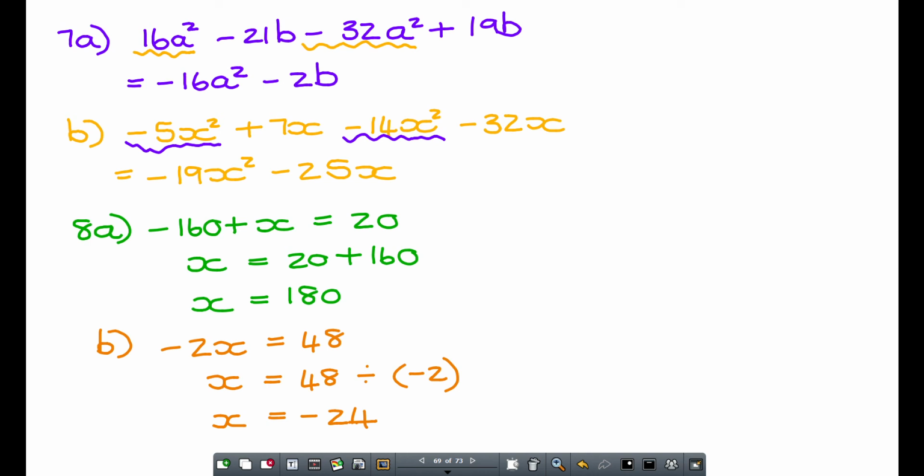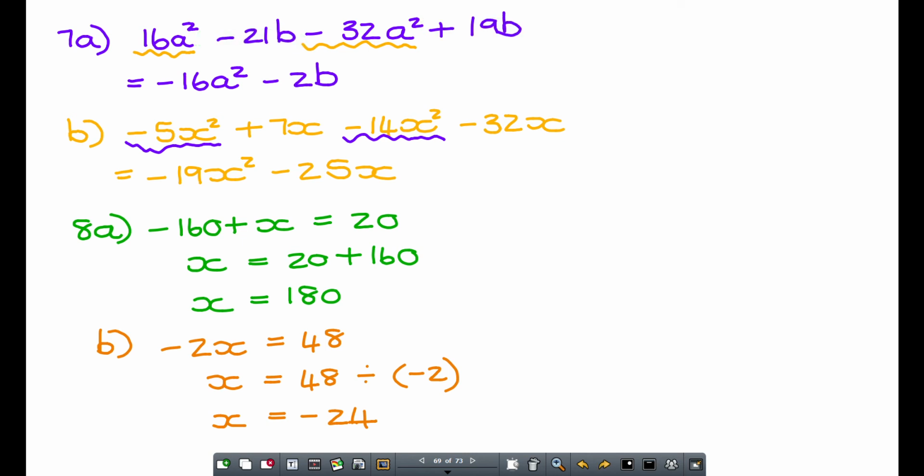Okay, so over here I said 16a squared minus 32a squared has got the same variable. So if I subtract those, it gives me minus 16a squared. Then minus 21b plus 19b, those are like terms, and that simplified gives me the minus 2b.